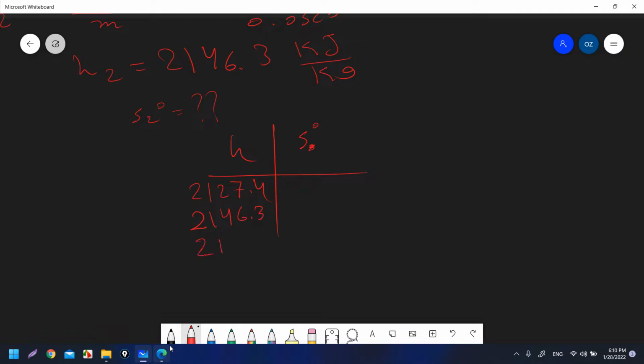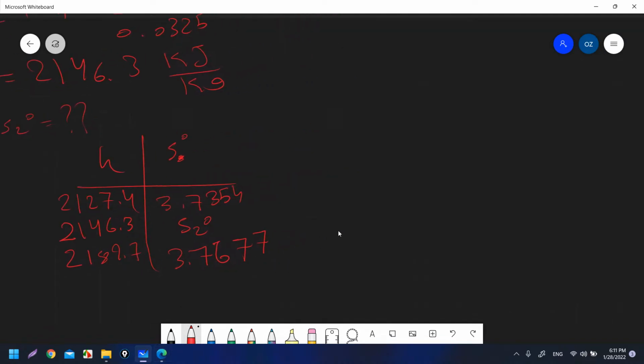That is the highest value. For S naught, that is 3.7354, corresponding to the lowest value, and here is the S2 naught that I want to find, and the highest value is 3.7677. Okay, so let's write the interpolation.